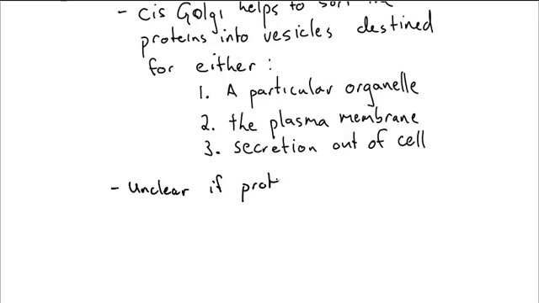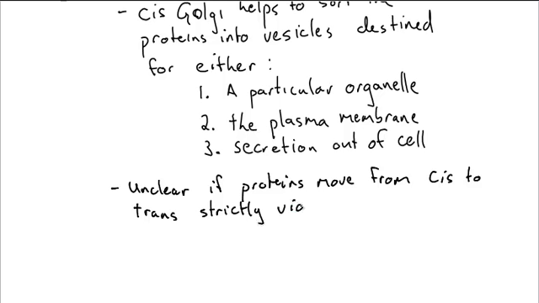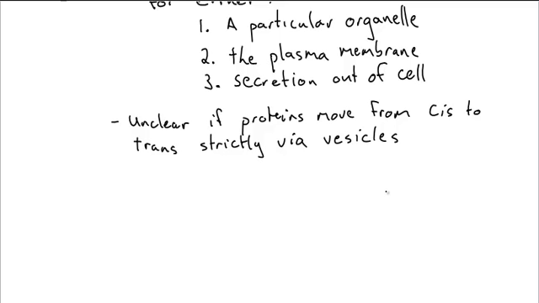if proteins move from cis to trans strictly via vesicle, so they get packaged in the vesicle and it moves forward to the next stack and so forth, which is called the vesicular model.